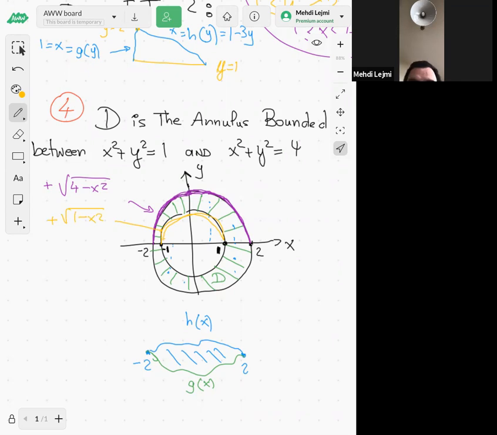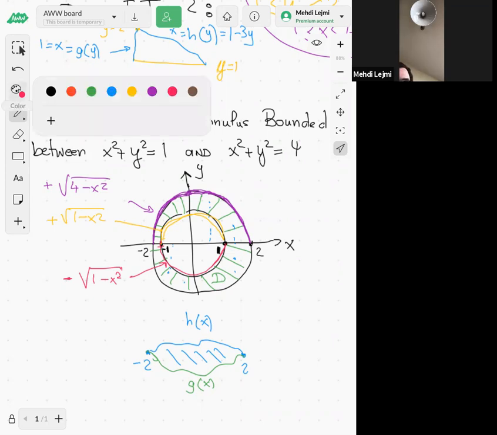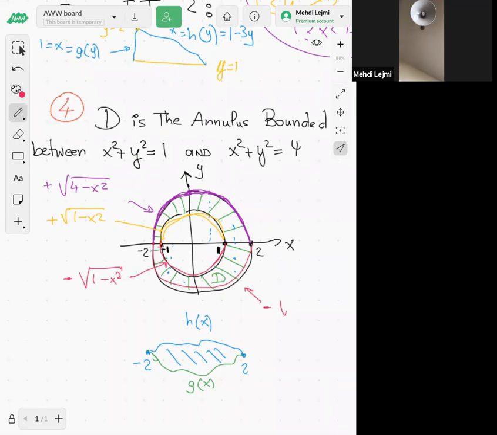Now, below the x-axis, you're going to have also 2 different graphs. You have this one here, that will be negative square root of 1 minus x squared, because the y coordinate is negative when you are below the x-axis. And you have another graph, this one here, and this would be negative square root of 4 minus x squared.